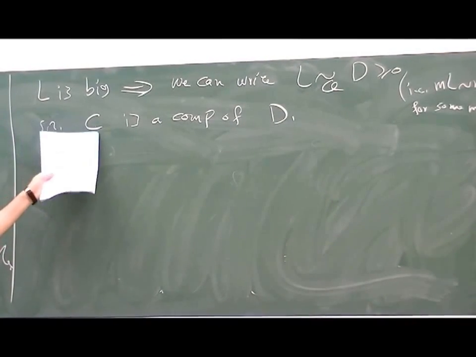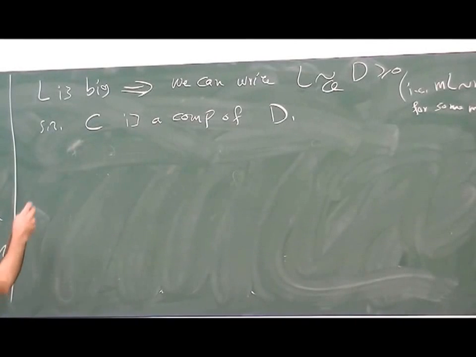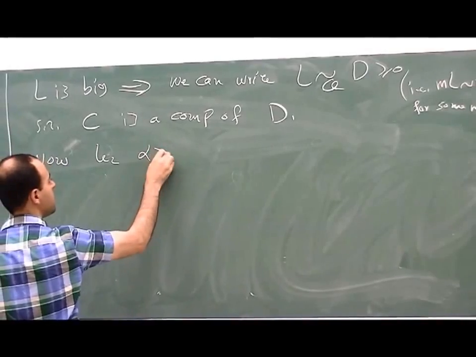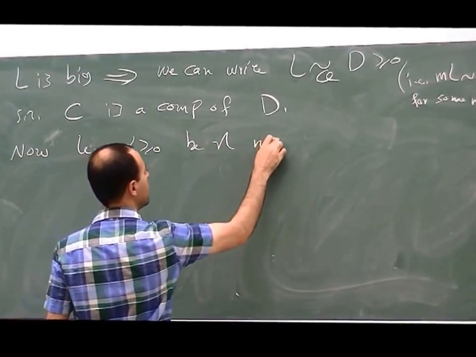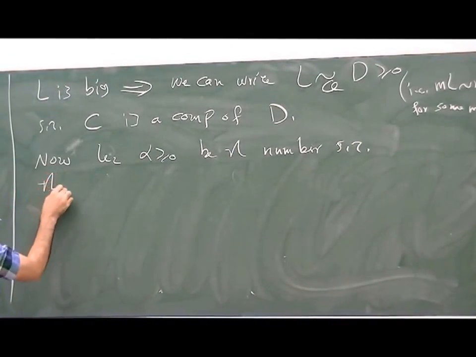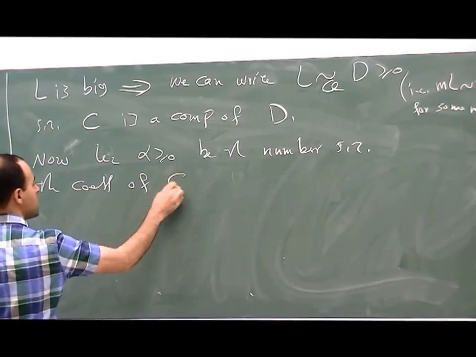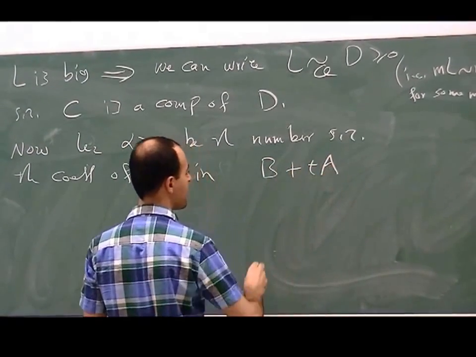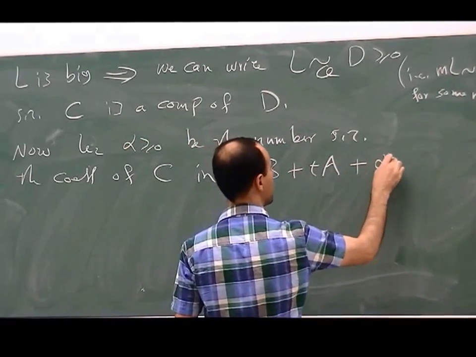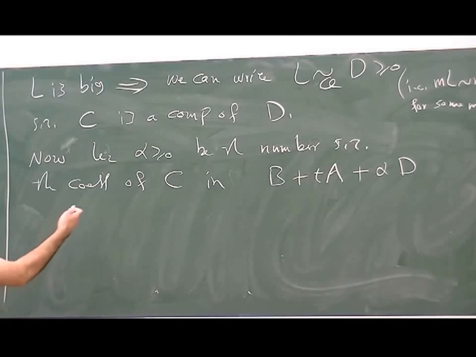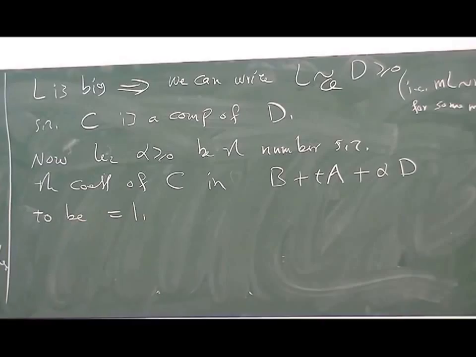Anyway, I can make sure that C is inside one of these effective divisors, and now let alpha be the number such that the coefficient of C in the divisor T plus alpha A coming from L, and then I also need to add alpha times T. So I want the coefficient of C in here to be exactly 1.